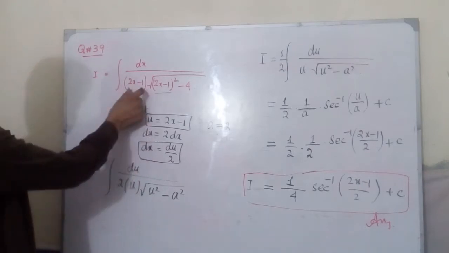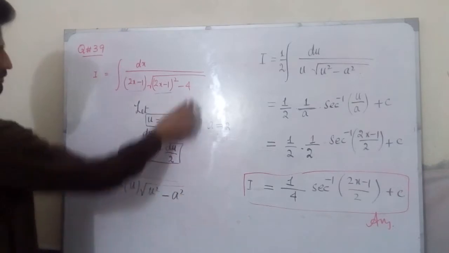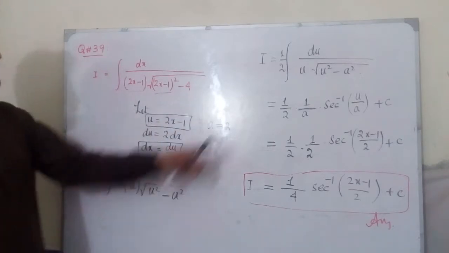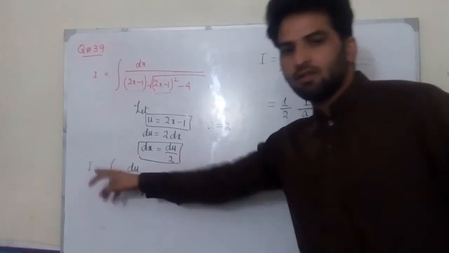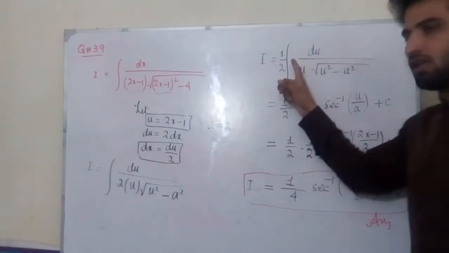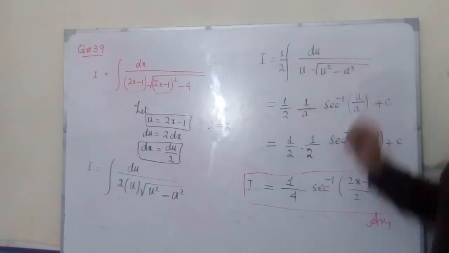So this will be u, and this is u square minus a square. So the integration equals 1 by 2 taken outside from the integral, du over u square root of u square minus a square.